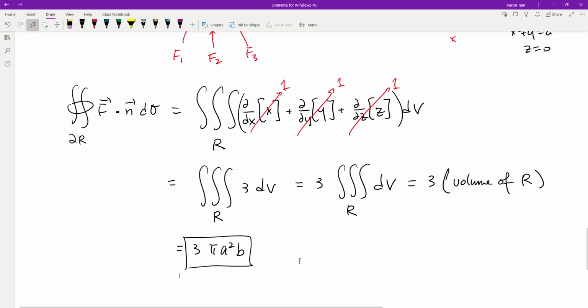So this is a lot easier in this case. And you'll find that for surfaces that enclose a region, like in this case the cylinder, Gauss's theorem will be a lot easier to deal with because you don't have to worry about multiple surfaces. For a sphere or something like that, it will be a little different.